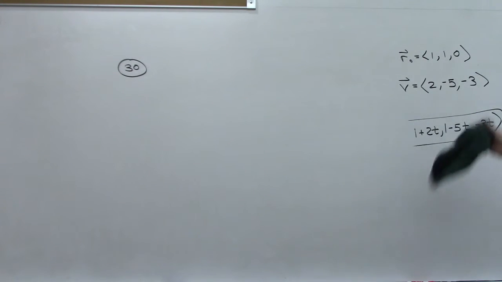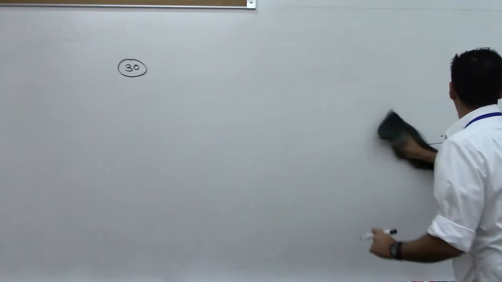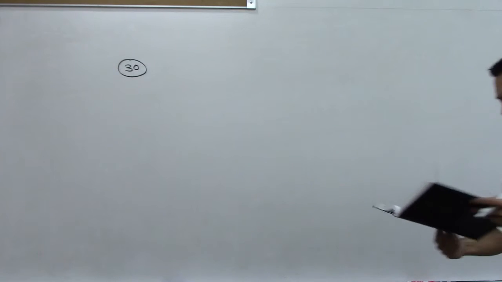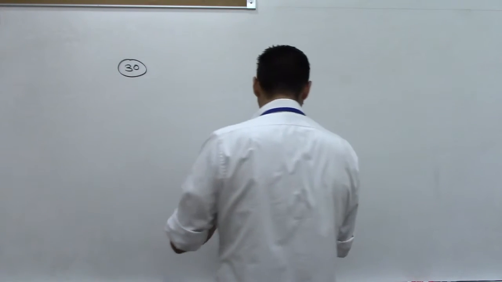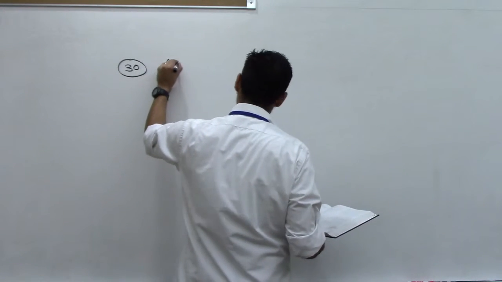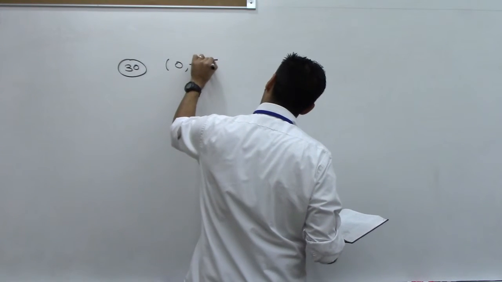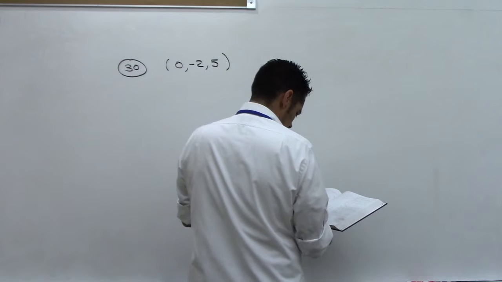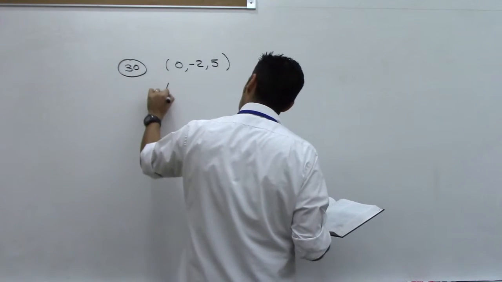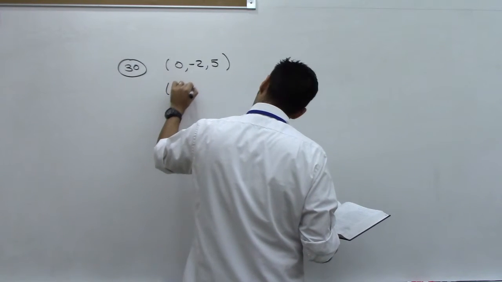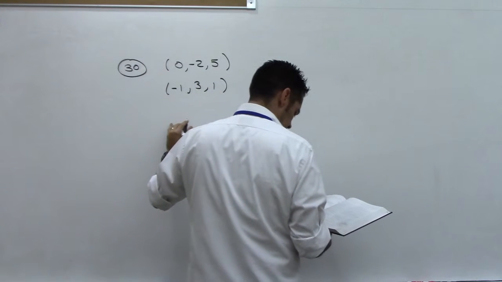Find the equation. So we're still finding the equation of a plane here. Find the equation of the plane that passes through the points. It gives you 2 points: 0, -2, 5, and another point, -1, 3, 1.